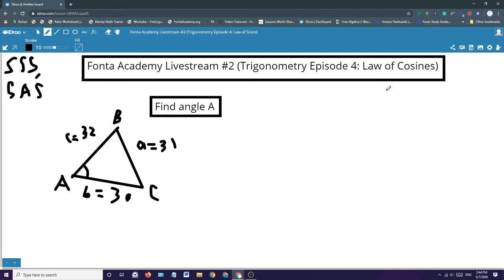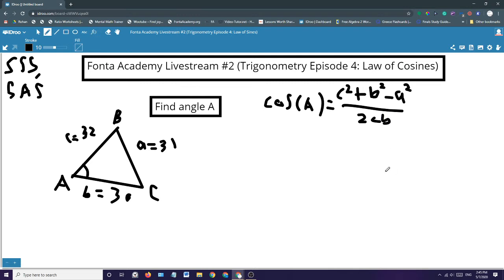There's a formula that I use to find any angles. So for cosine angle A, that is equal to c squared plus b squared minus a squared over 2 times c times b, or 2cb.